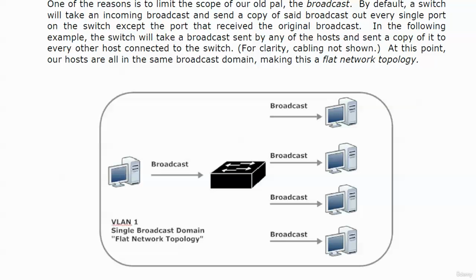Right now, they are all in a VLAN, and I'm going to hit you with this a couple times in the first couple of videos. Even if you think you're not using VLANs on a Cisco switch, you are, because by default, every port is in VLAN 1. But we have a single broadcast domain. And again, the term flat network topology, I don't see it a lot outside of Cisco documentation, but it is a good term to be familiar with.